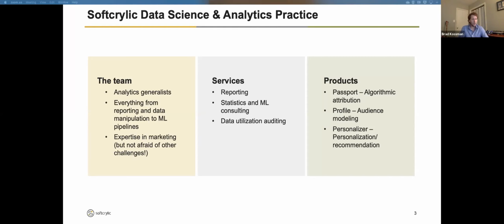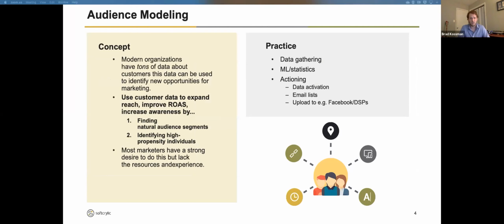And one of the more common applications of data science across pretty much universally across our clients that we've come across in about the last year is this concept of audience modeling. The idea here is that you as a marketing organization likely collect tons of different types of data on all of your customers. So demographics, on-site behaviors, digital marketing data, and transactional data, anything you can think of, you probably collect it.